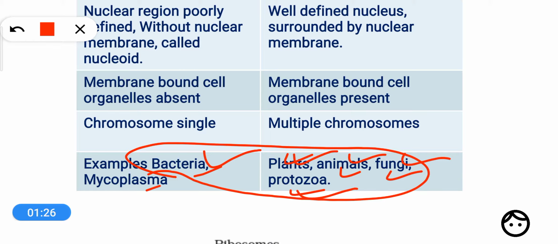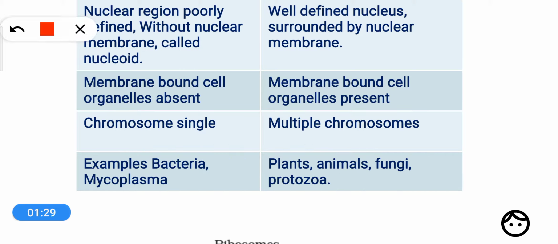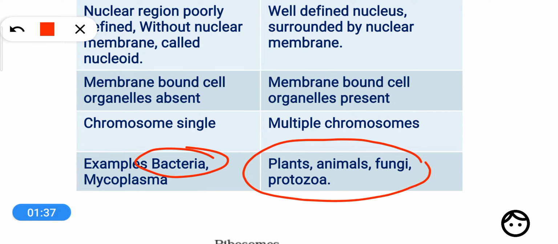Out of these 5 categories found on the earth, only in one category of organism there are prokaryotic cells, while all the remaining 4 categories of living organisms are made up of eukaryotic cells. Now, why are they called prokaryotic and eukaryotic?